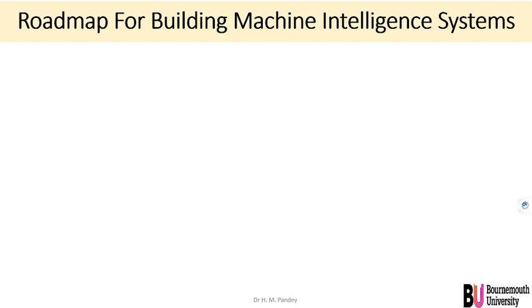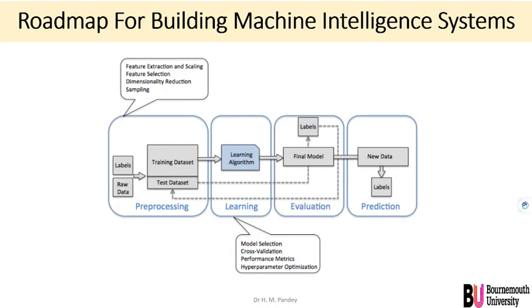This model will give you a general overview of building your machine learning model. After completing this slide, you will be in a position to understand the key steps which you should follow in order to develop your machine learning model. So I will begin with this model.